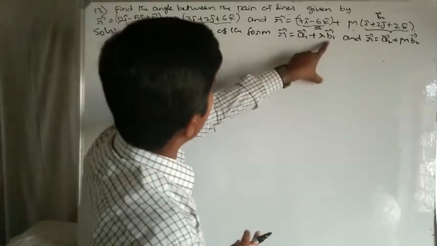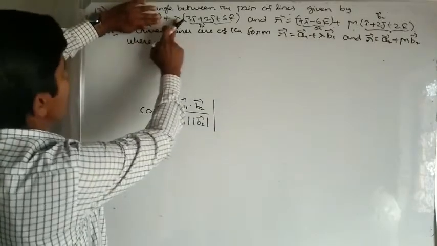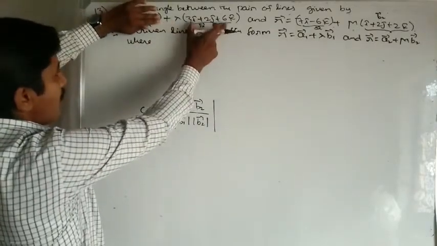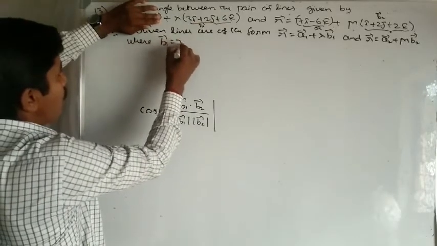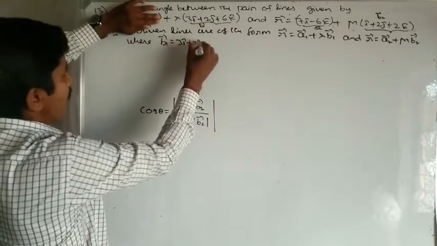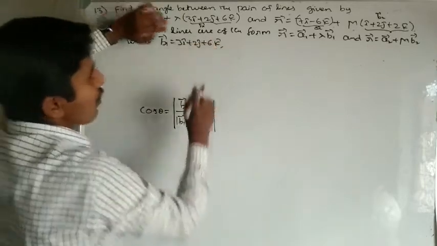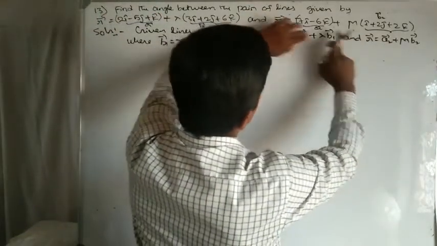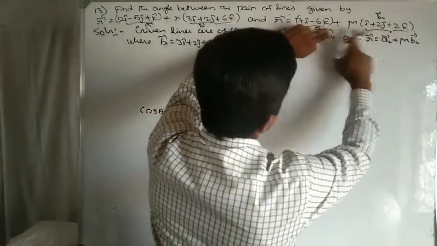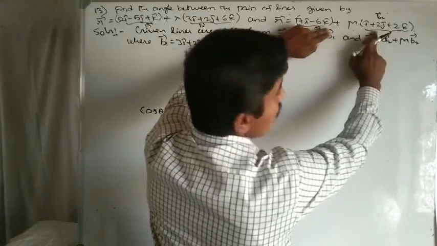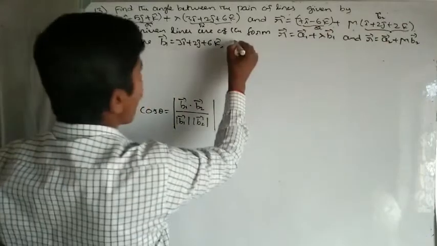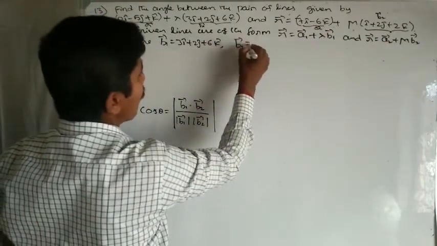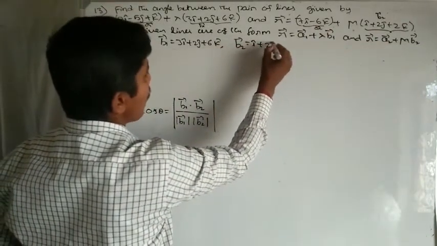Vector r equals vector a1 plus lambda vector b1, where vector b1 is equal to 3i plus 2j plus 6k. And the second one, vector r equal to vector a2 plus mu vector b2, where vector b2 equals i plus 2j plus 2k.